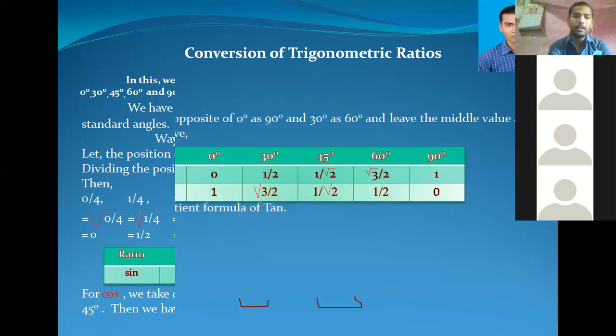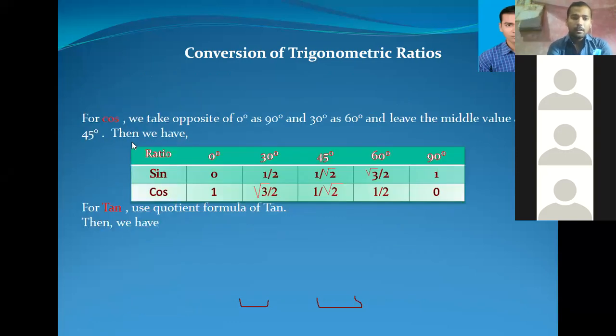Then we have cos, exchange the value to 90 degrees, because 0 degree is opposite to 90 degree. So cos 0 degree is equal to 1. In the same way, cos 30 degree is opposite to sin 60 degree, so cos 30 degree is equal to root 3 by 2.